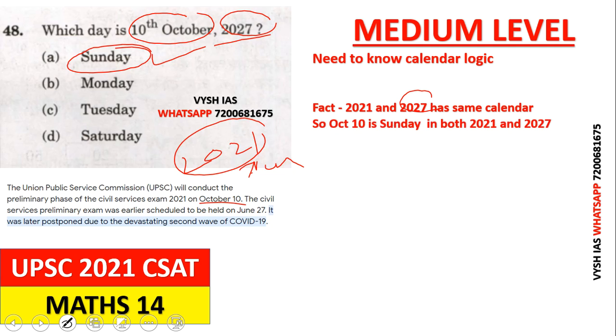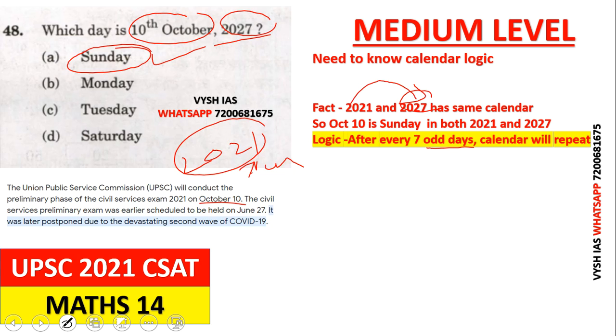In calendar logic, there is something called odd days. Whenever a teacher teaches you calendar, clock and such topics, there is odd day calculation. The logic is that after every 7 odd days, the calendar will repeat. So what are odd days? In a normal year, how many days are there? 365 days.